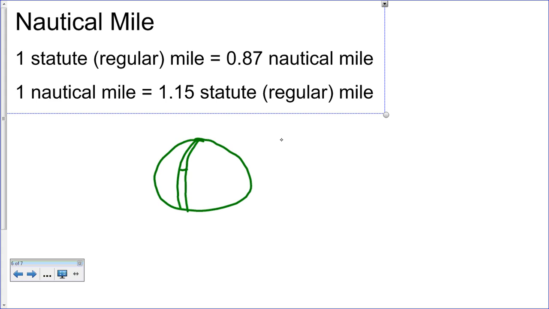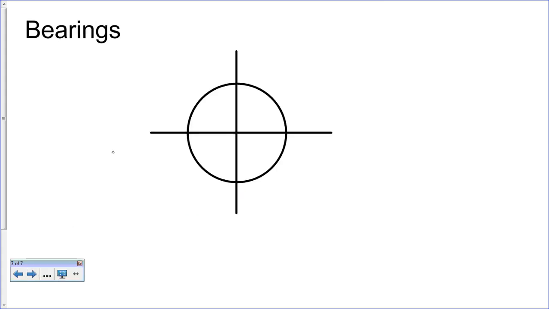The last thing it talks about in this section is the idea of bearings. This is supposed to look like a compass. Up here at the top, I'm talking about north. To the right, I have east. At the bottom, I have south. On the left, I have west.